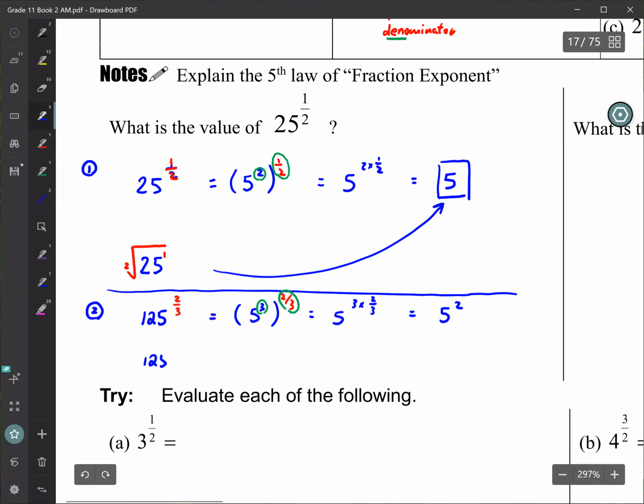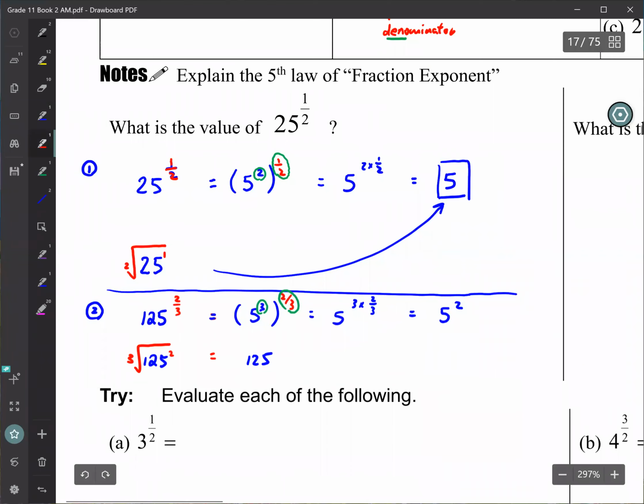The denominator is 3, so our index is 3, and the numerator will be the exponent, so I'll put the 2 there. Of course, I can rewrite this as 125.